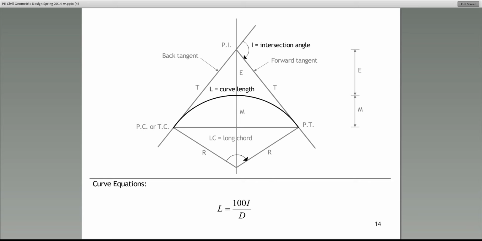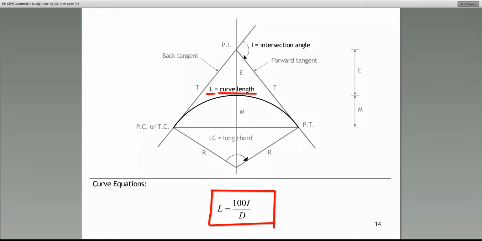Now, this is the last equation we are looking at, and this is a very, very important equation because no matter what the problem is and what they ask you to do, more than likely you have to use this equation first before you use another one. All right? So pay very close attention to this. This gives you a relationship between L, and L represents the length of the curve.